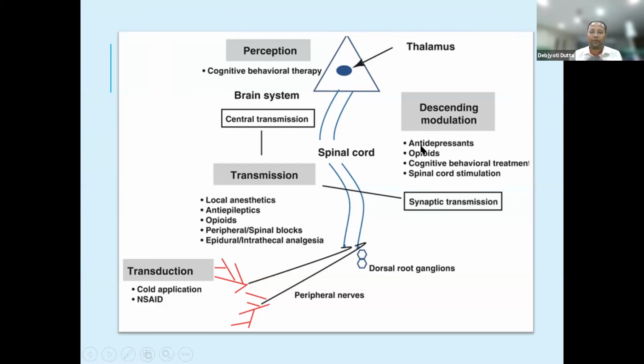So antidepressants are the main drugs which act at the modulation part of the pain pathway. Then comes perception. As I told, there are two pathways: sensory discriminative and emotional affective. In the sensory discriminative pathway, these drugs can be used, and in the perception part, cognitive behavioral therapy can target the emotional part.